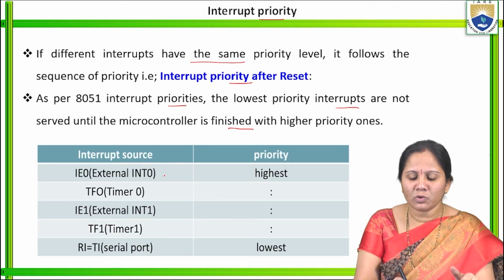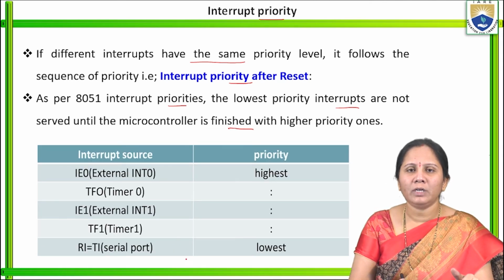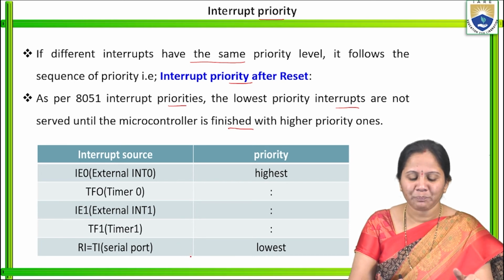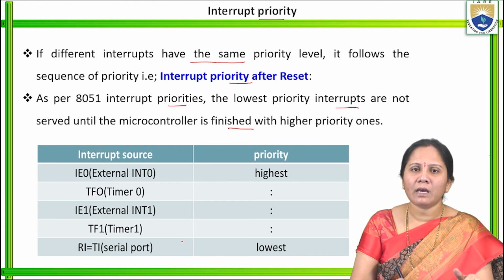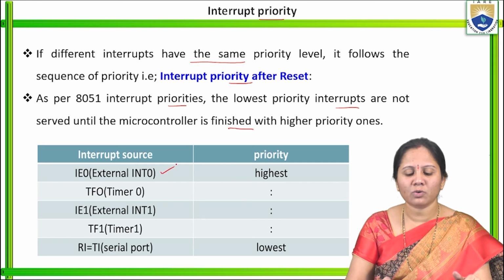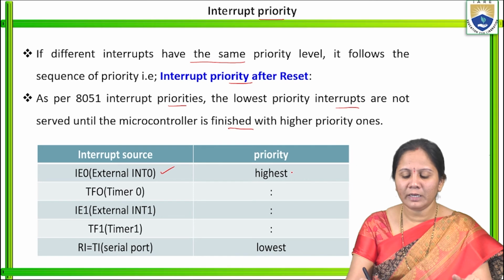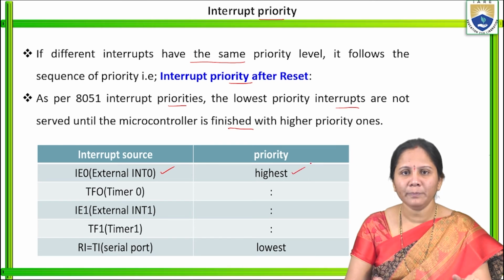Now, these are the different interrupt priorities allocated in the 8051 microcontroller. As we know, it has totally 6 interrupts, irrespective of the reset interrupt. IE0, which is called external INT0 interrupt, has the highest priority.